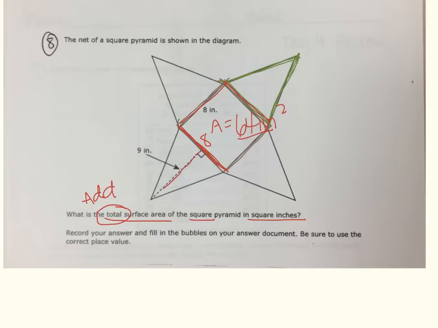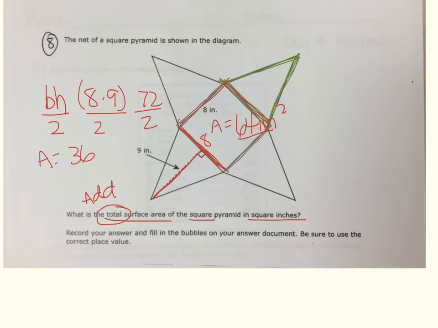And then here is the height, and it's 9. Remember, the formula for finding the area of a triangle is base times height divided by 2. So if my base is 8 and the height is 9, then 8 times 9 is 72 divided by 2, which will equal 36. So the area of each triangle is 36.